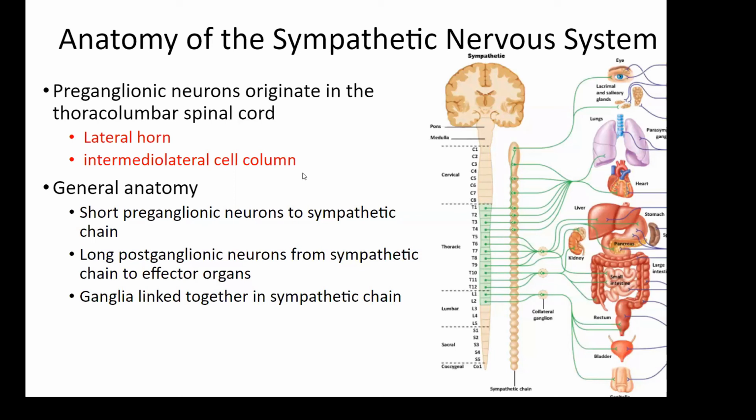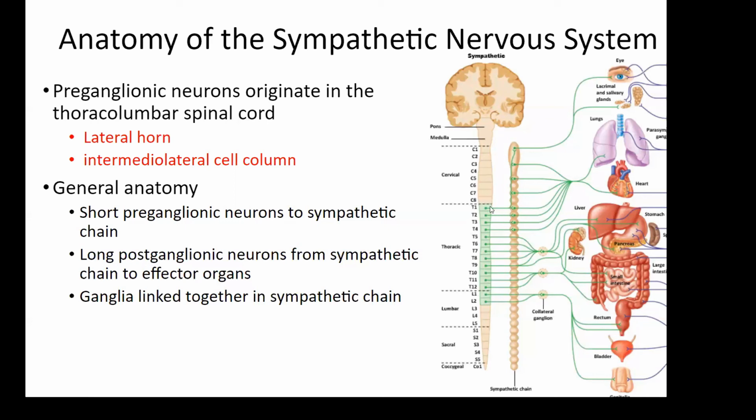The general way the sympathetic nervous system works is that most of our sympathetic nerves have a very short preganglionic neuron. It starts here in the central nervous system in the spinal cord and leaves the spinal cord out to the body. That axon is short because it's only really trying to get to the other side of the bone to get into the sympathetic chain.